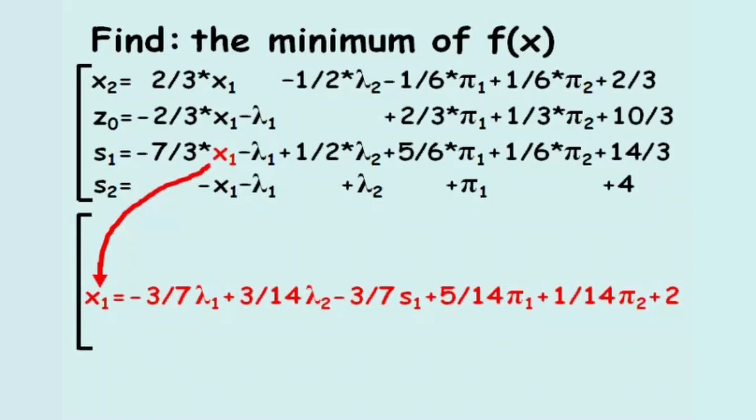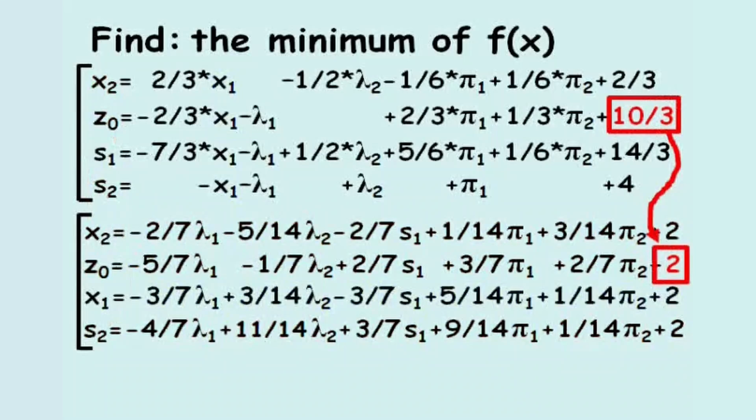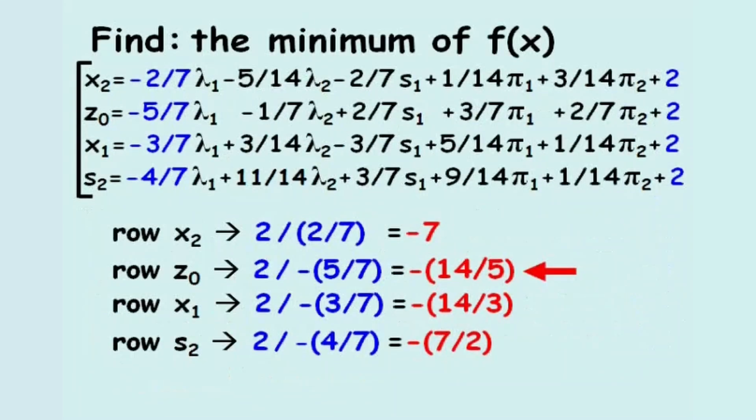After substituting this value in for x1, we can update the equations for the basic variables x2, z0, and s2. We notice the value of z0 decreased from 10/3 to 2. In the next iteration, we'll choose lambda 1 to enter the basis. And from the ratio test, we learn variable z0 will exit the basis.